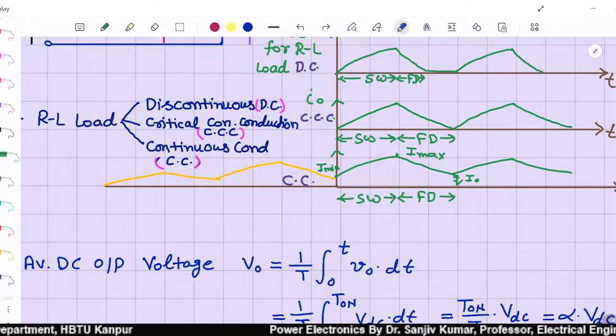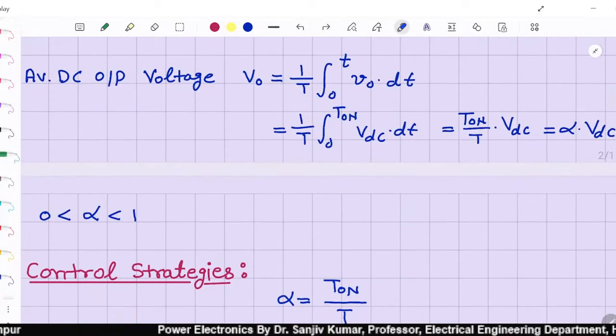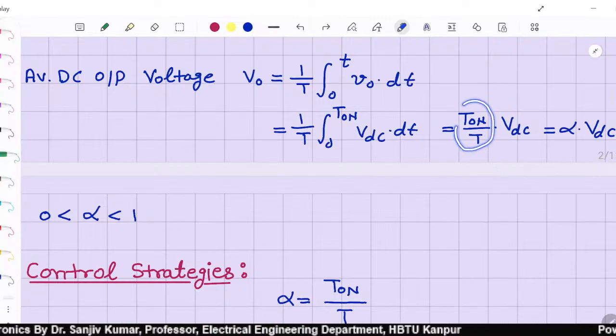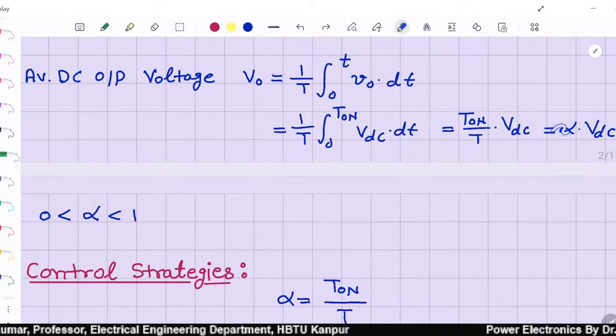So that is 0. So the average output voltage comes out to be T on by T. This T on by T is known as alpha.